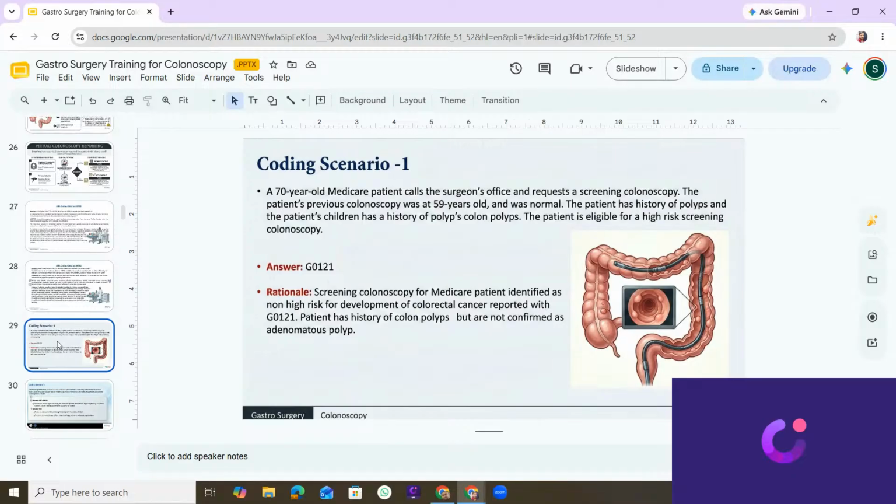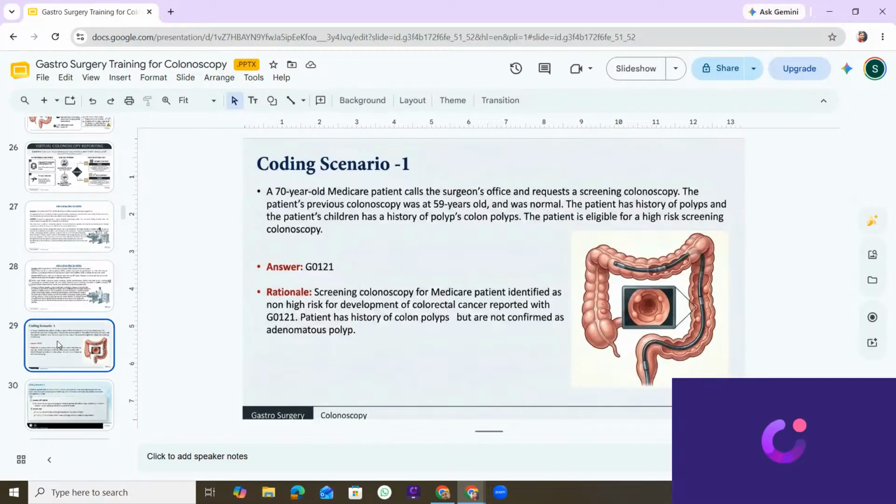One question is here, scenario one. A 70-year-old Medicare patient calls the surgeon's office and requests a screening colonoscopy. The patient's previous colonoscopy at age 59 was normal. The patient has a history of polyps, the patient's children have polyps, and the patient is eligible for high risk screening colonoscopy.